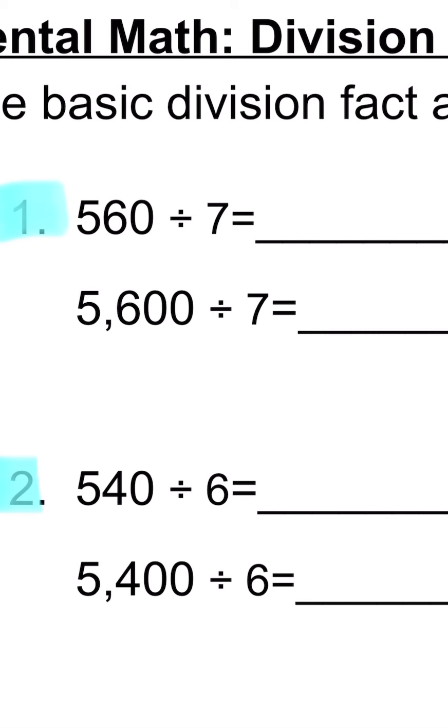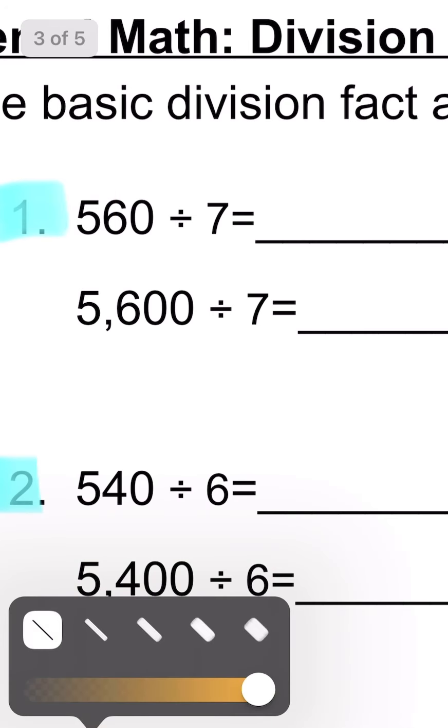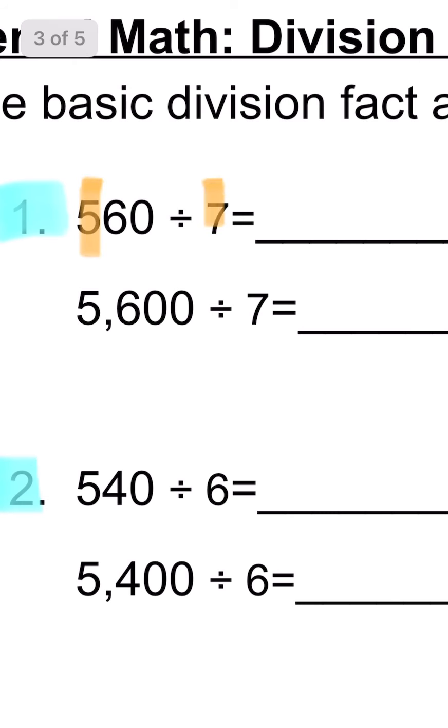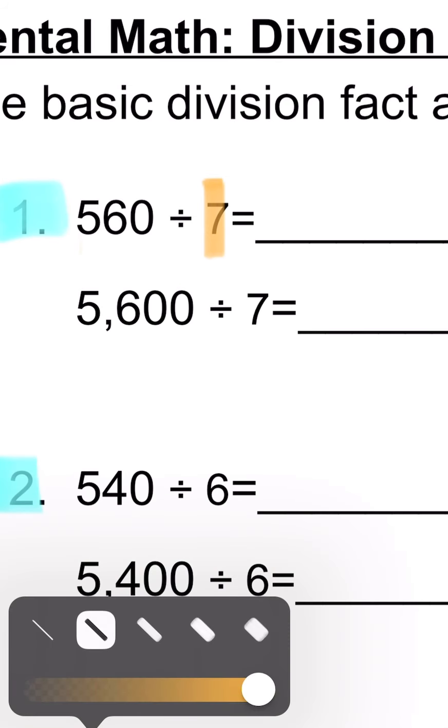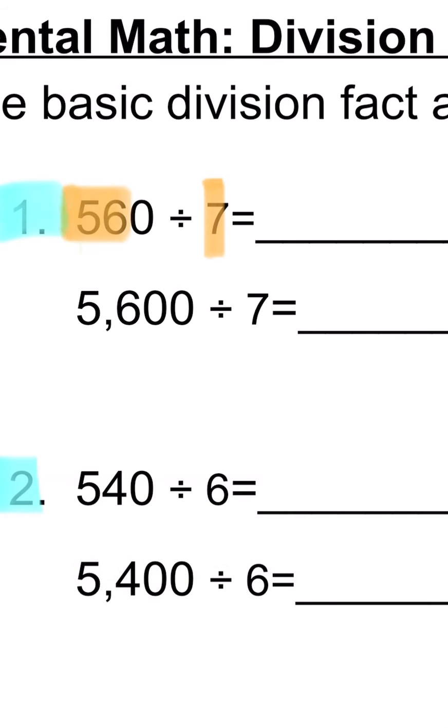You're going to look at the number 5 first, just the number 5. And then you look at 7. Can 5 be divided by 7? It can't because it's too small. So then you're going to look at the whole number 56. Now, what is 56 divided by 7? 56 divided by 7 is 8.